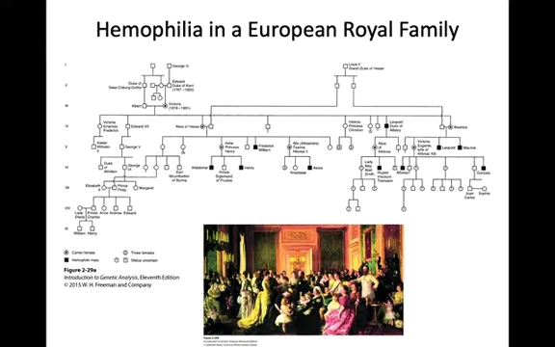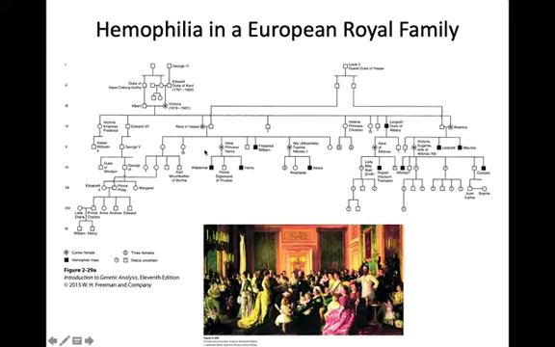Okay, so hemophilia is very famous in the context of the European royal families over the years. In this particular case, this is a very large pedigree, and there's a significant amount of inbreeding to various extents within royal families, but that's not the particular cause here.